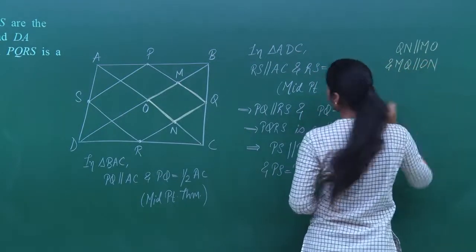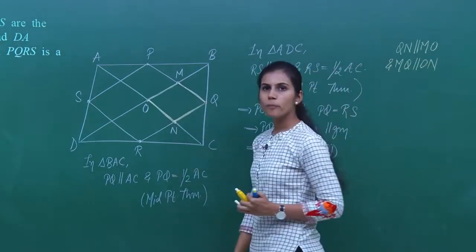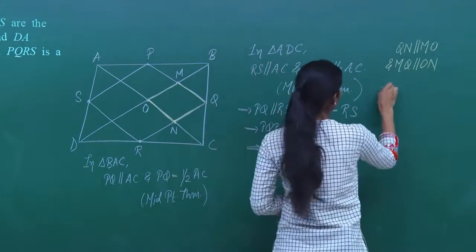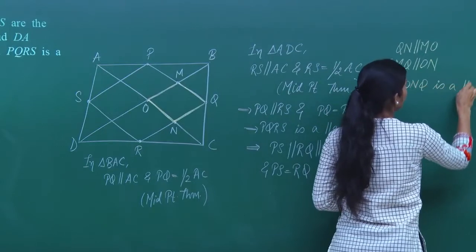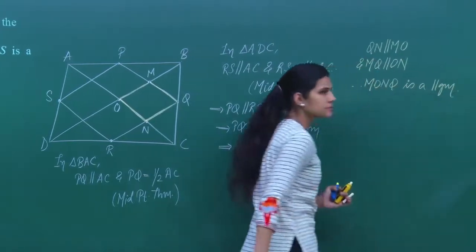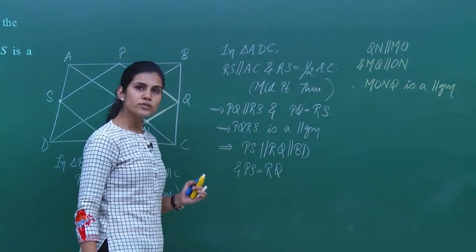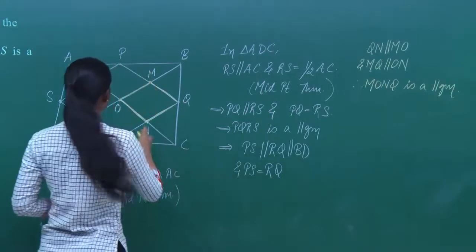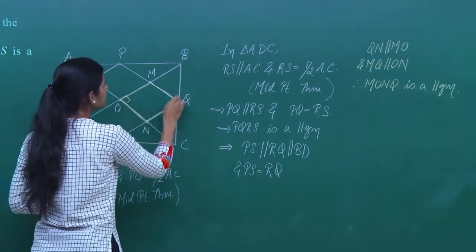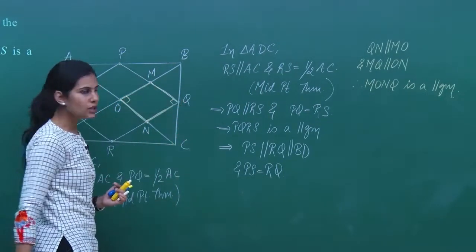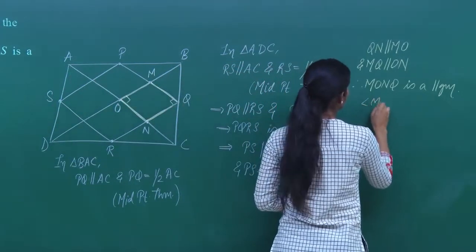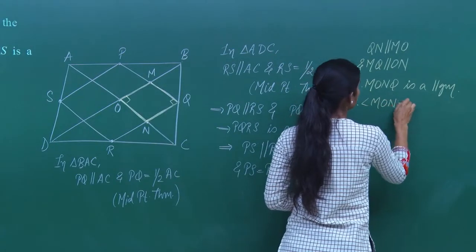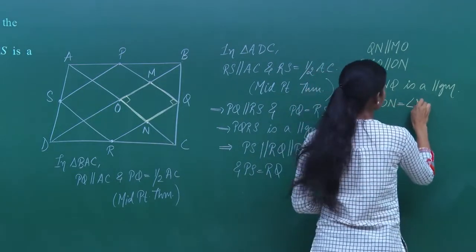You can clearly see in this quadrilateral MONQ opposite sides are parallel. So therefore MONQ is a parallelogram. If it is a parallelogram, opposite angles are equal. So you will have angle MON equal to angle MQN.